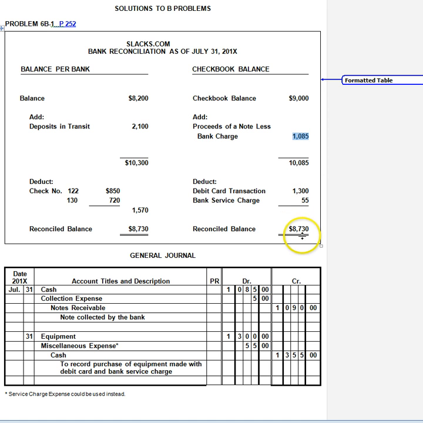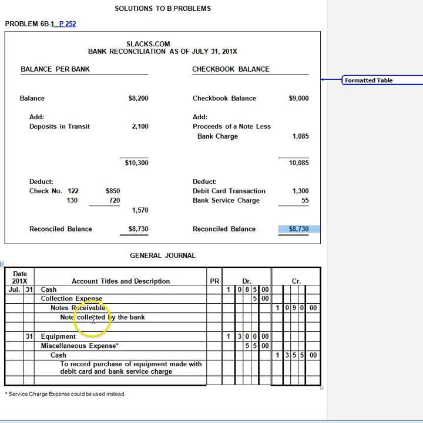Okay, so when all said and done, we've got the two balances to agree. Now, that is the asset that you should be reporting for cash, $8,730, not $9,000, even though your cash account, okay, shows $9,000. After you make your adjusting entries down here, as you can see, the 1090 is the addition to the cash, which is actually the 1090 minus the 5.